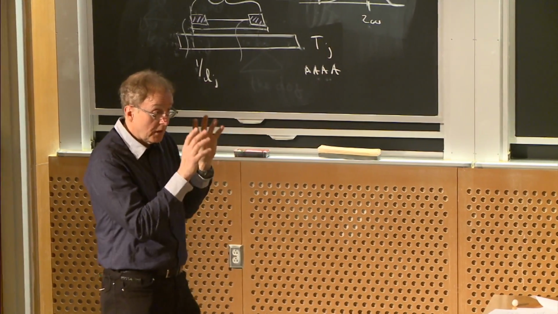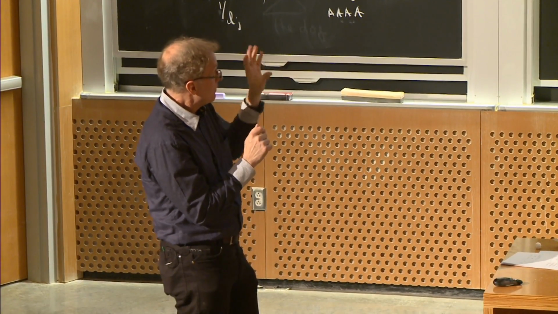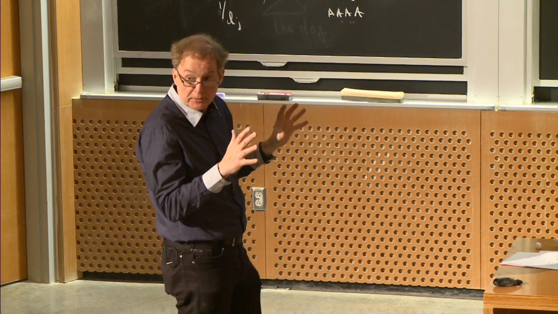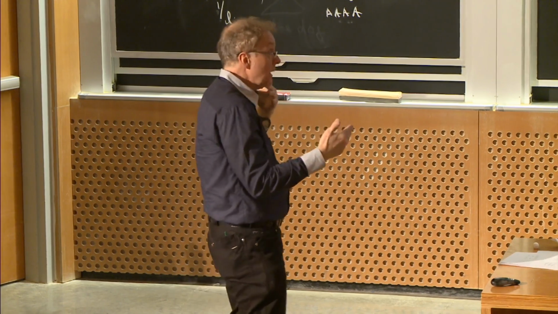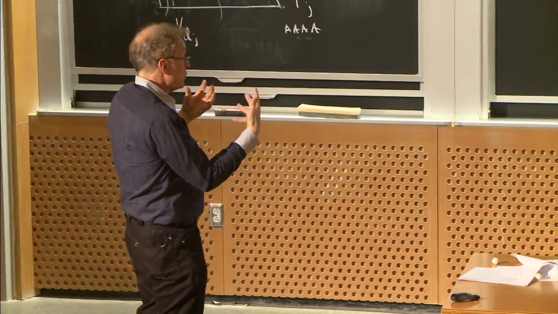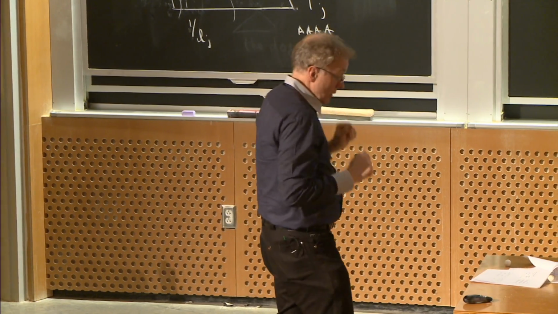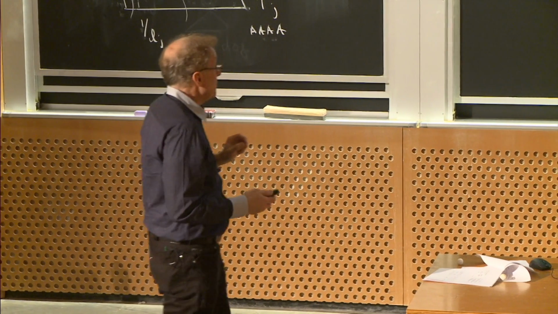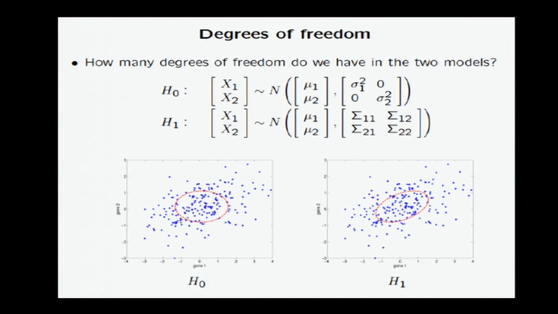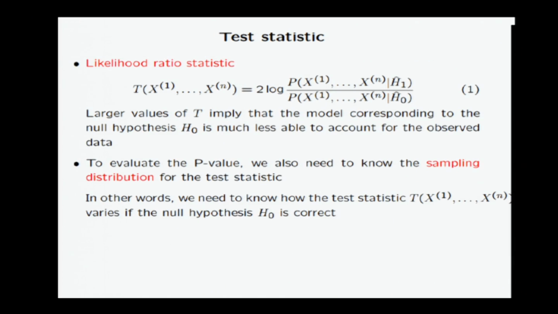So the probability of that collection of points evaluated with the H1 model fit to the data is always going to be superior. So we need a way to compare the probability of the data given H1 versus the data given H0 in a way that allows us to judge the probability that the data via H0 occurred at random. In this particular case, the data supports H1, and let's see why.